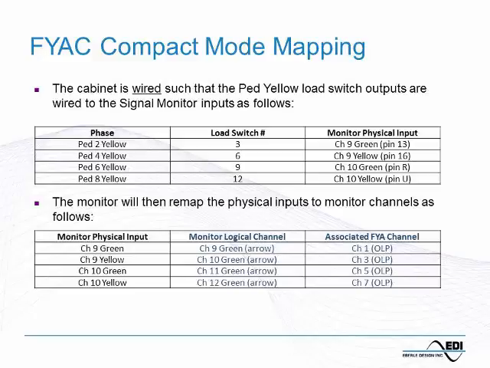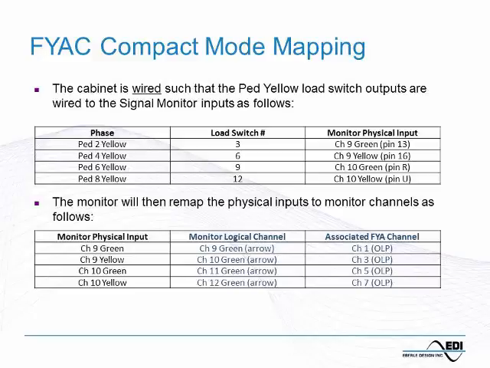So when we look at the compact mode mapping, it's kind of 2 stages. The top graph there, or the top table, is showing us the cabinet wiring. So from load switch number 3, the PED yellow output is actually wired up to monitor channel 9 green input.